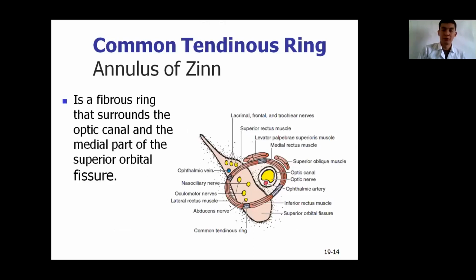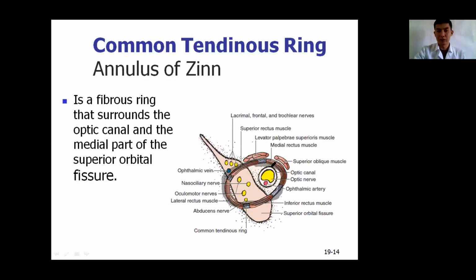Information about the common tendinous ring, also known as the annulus of Zinn: it is a fibrous ring that surrounds the optic canal and the medial part of the superior orbital fissure. On this presented diagram, you see the common tendinous ring, and as you see, it surrounds the optic canal and part of the superior orbital fissure.